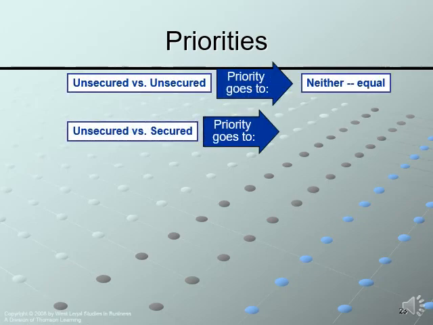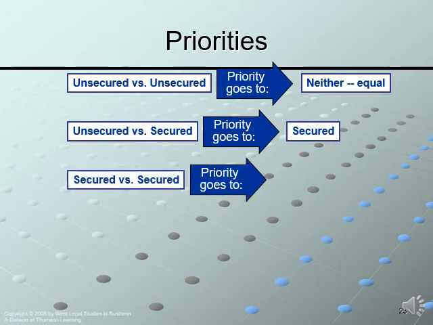Also, when you have a fight not between buyers but between creditors, this is what it looks like. Unsecured versus unsecured, neither party has any security interest nor any rights in the collateral. Unsecured versus secured, the party who is attached, who's the secured creditor, is going to prevail. They're going to have a greater priority in the collateral because they have an interest in it.